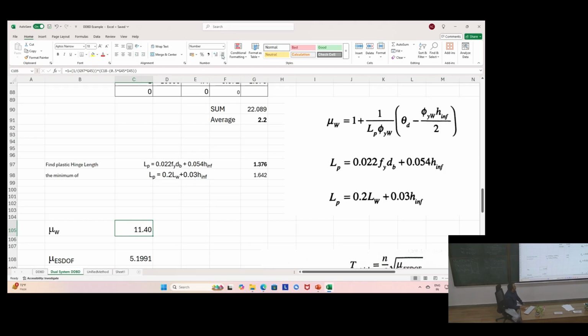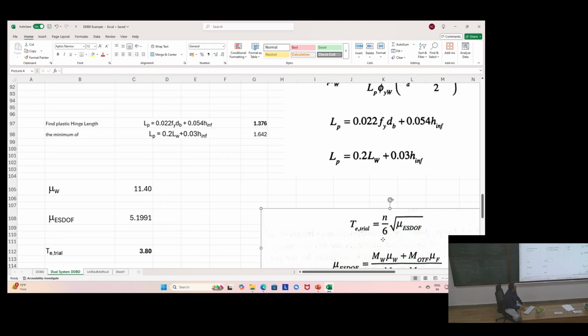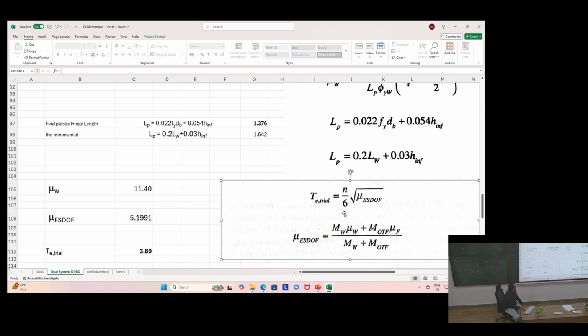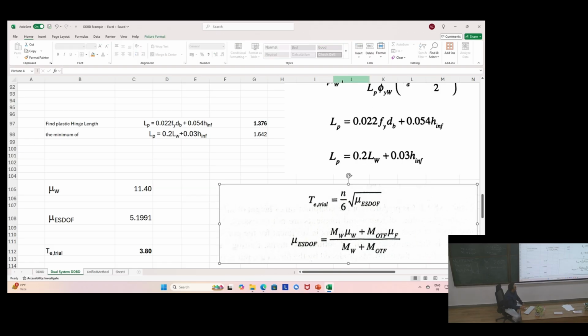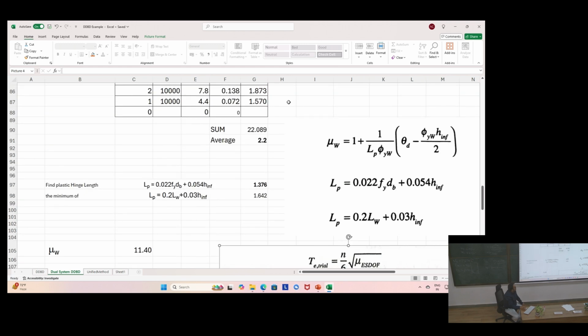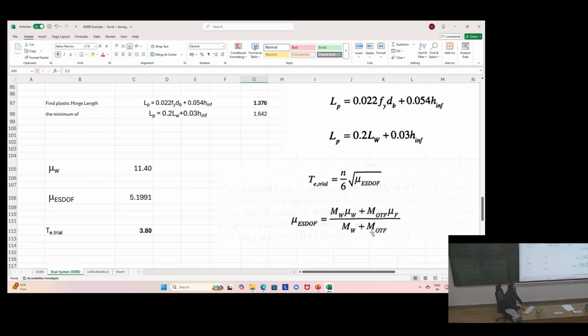So we can probably do it as 11.4, rounding it up. So we have mu of wall, we have mu of frame. We'll take the average, which is 2.2. Mu of wall, mu of frame.